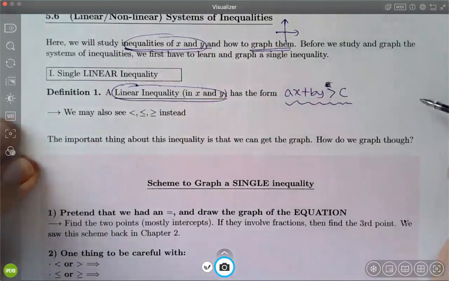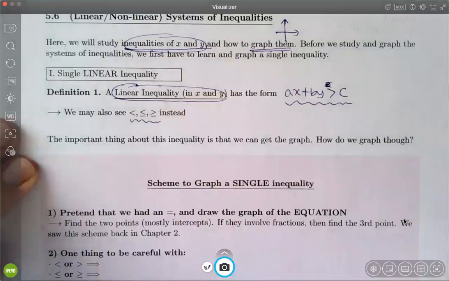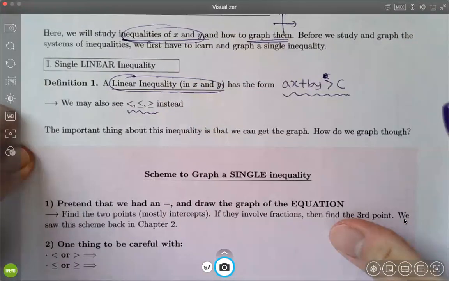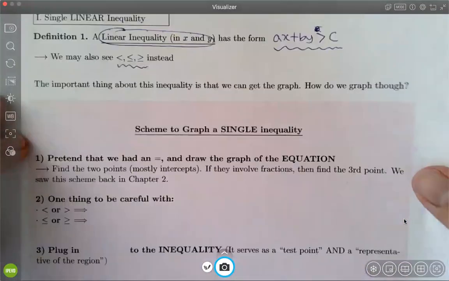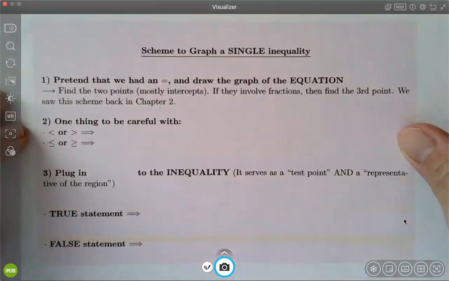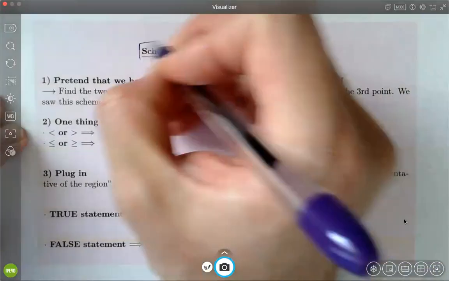And quite obviously, we may see other inequality symbols as well. So how can we sketch the graph of this inequality in x and y? So here is the scheme to graph a single inequality.